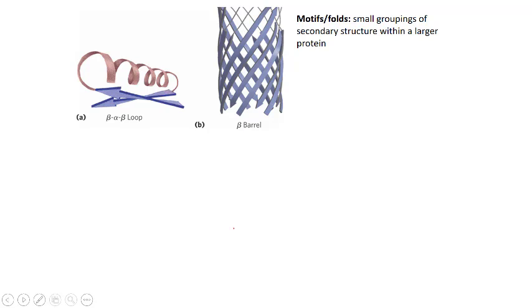All right, a couple little loose ends that I wanted to tie up before we conclude the lecture. Your textbook talks about these terms that come up frequently enough that I think it's worth addressing in the context of this course. There's this concept called motifs or folds. Motifs and folds, these are sometimes called super-secondary structures.